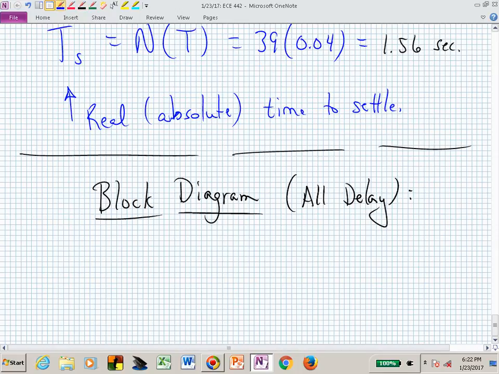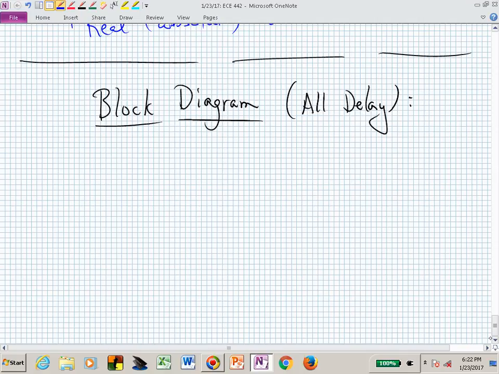Suppose that somebody now gives you the following difference equation: W sub n plus 3 W sub n minus 1 plus 2 W sub n minus 2 is equal to, let's say, some reference input R of n. And all systems do not have coefficients of 1, 2, and 3.